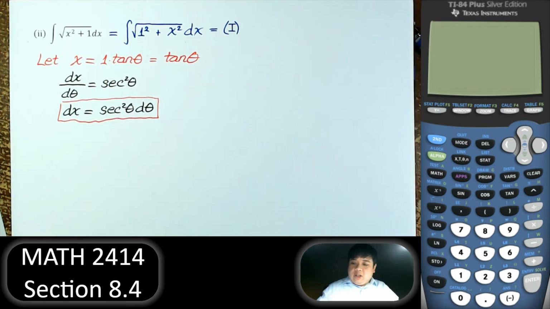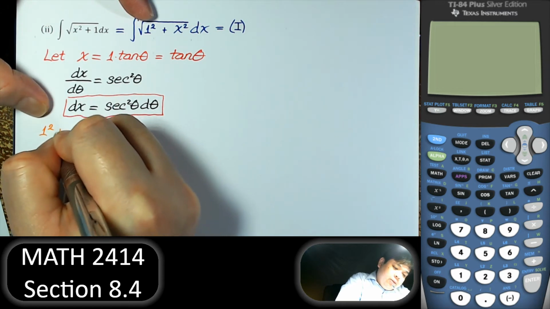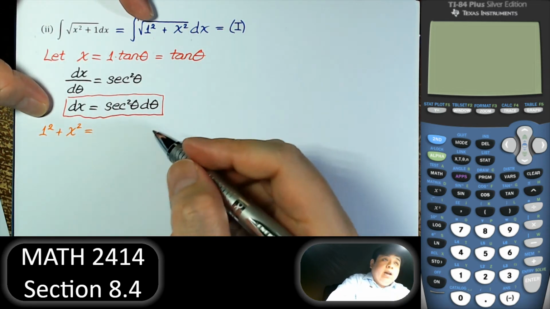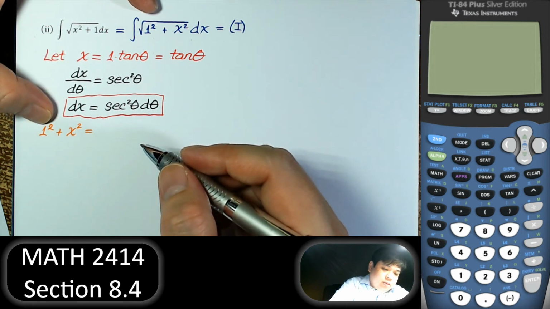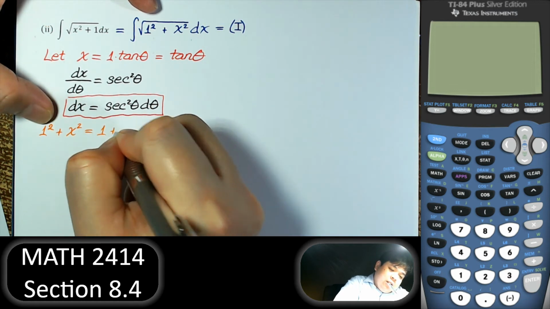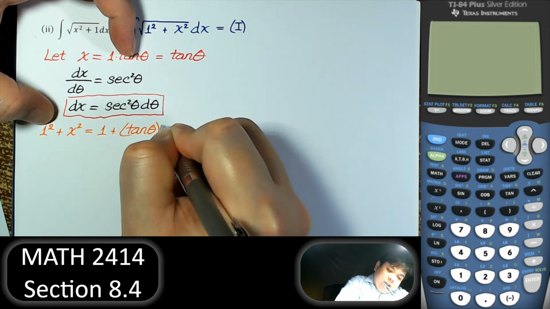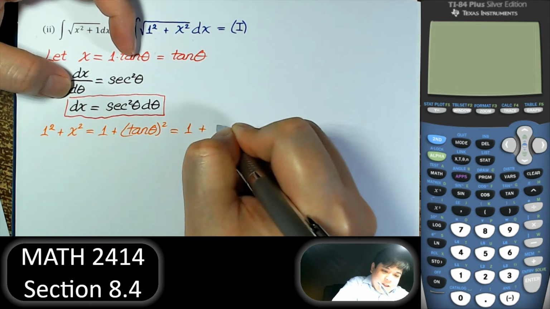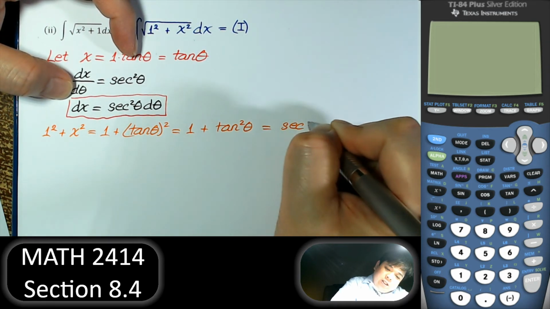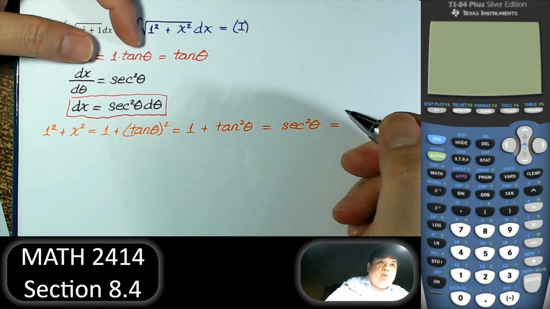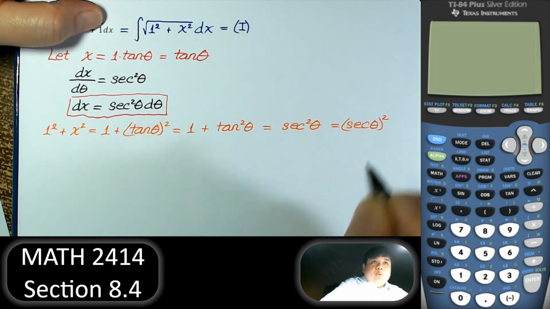Now we have 1 squared plus x squared. We'll write that into one trig function. 1, x is tangent squared. 1 plus tangent squared is secant squared, which I will write as secant squared.